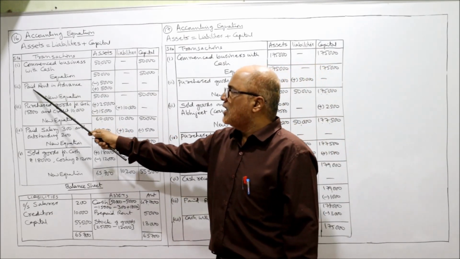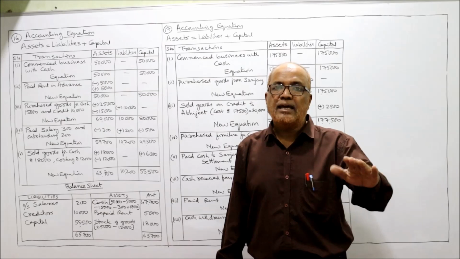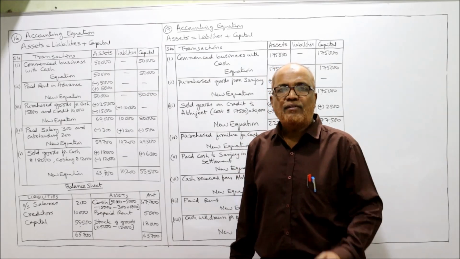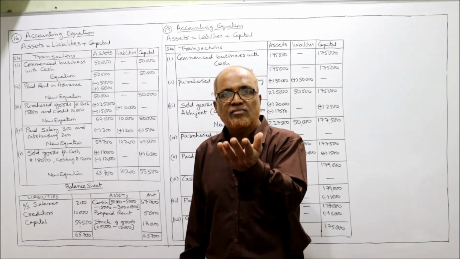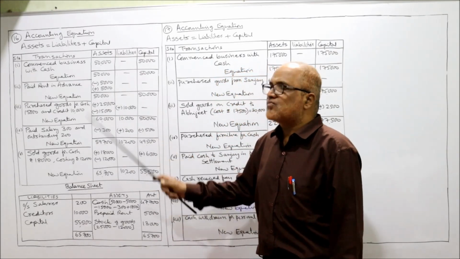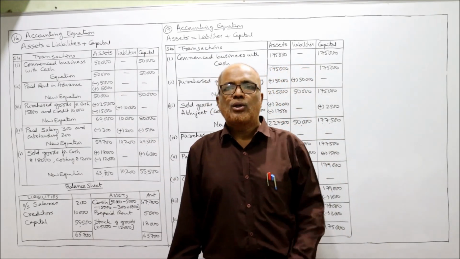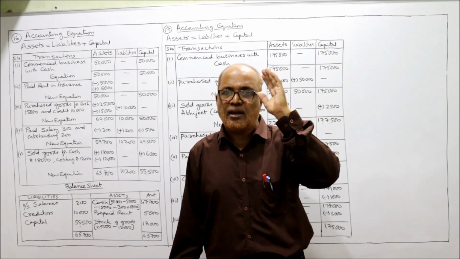Now the second transaction, rent paid in advance. When we pay the rent, cash is going out, so our assets will decrease. The advance rent paid is 5,000 rupees, given in the problem.